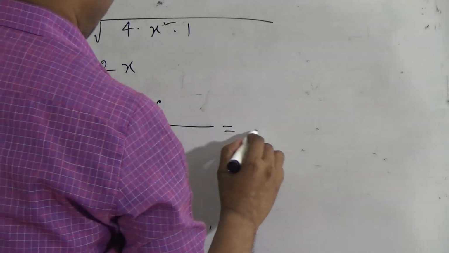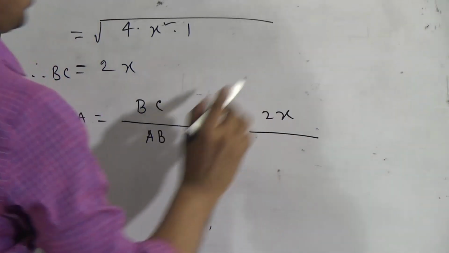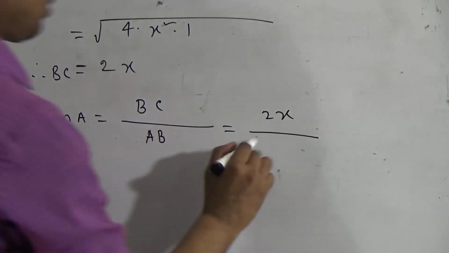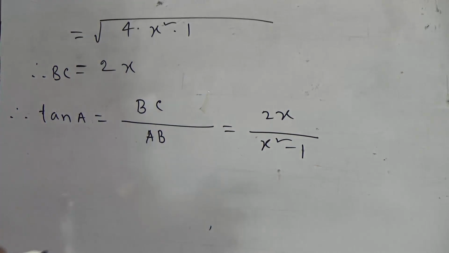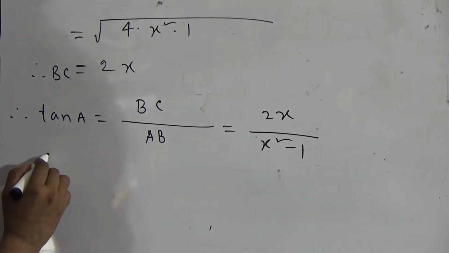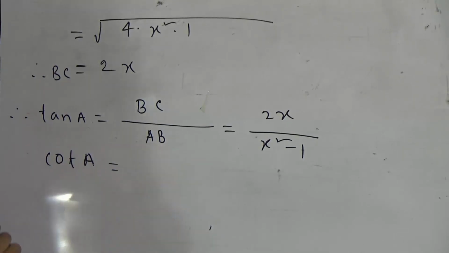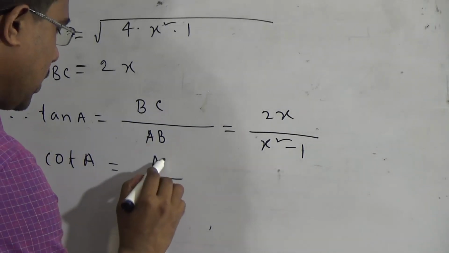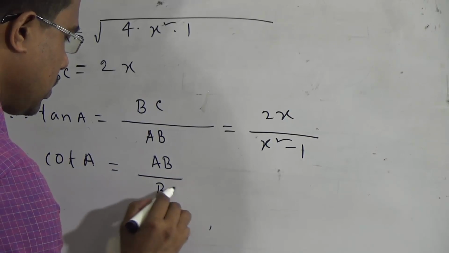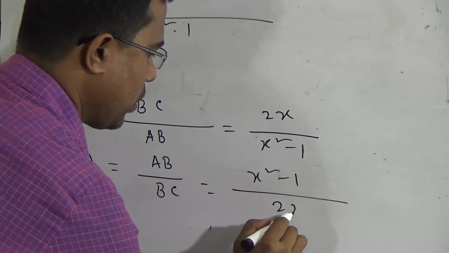So here BC equal to 2x and AB equal to x square minus 1. Now we'll find out cot A. We know that cot is the opposite ratio of tan, so it will be AB by BC, which is equal to x square minus 1 divided by 2x.